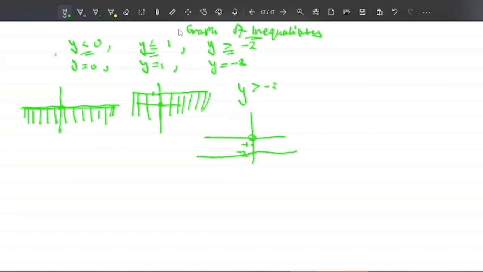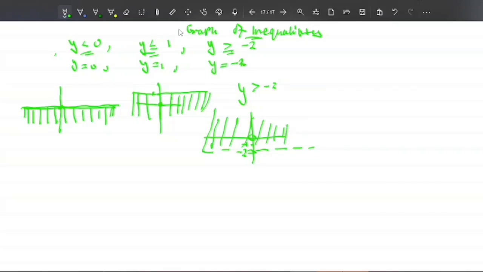It has to be a broken line because it's just greater than. It has to be a broken line that passes through -2, and since it's greater than, the region above the boundary line satisfies the inequality. I hope that is clear.